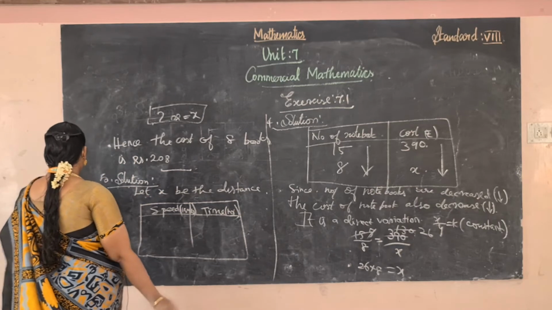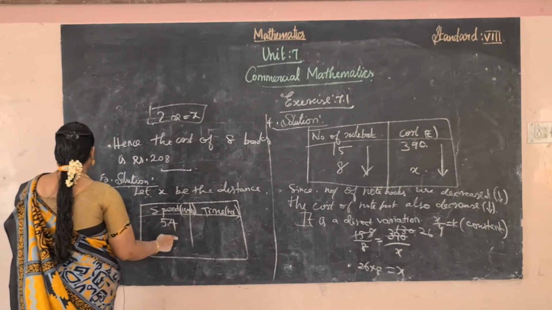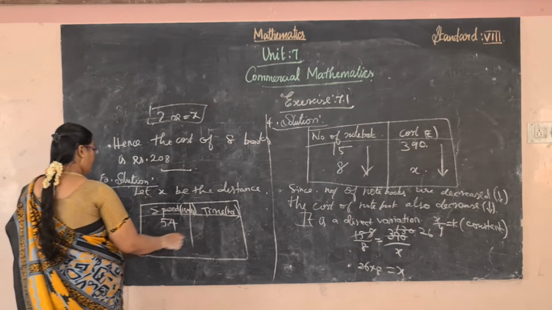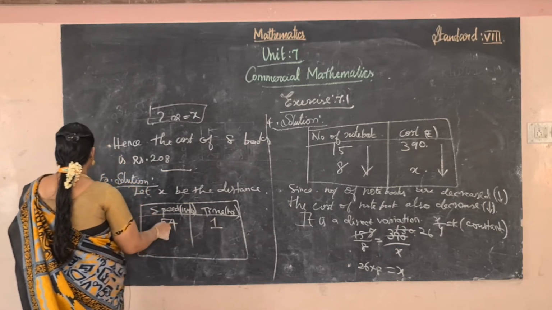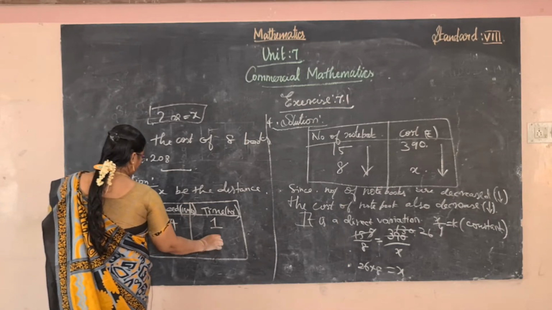A bus travels at the speed of 54 km per hour, so in 1 hour it goes 54 km. Find the distance it will cover in 10 minutes.